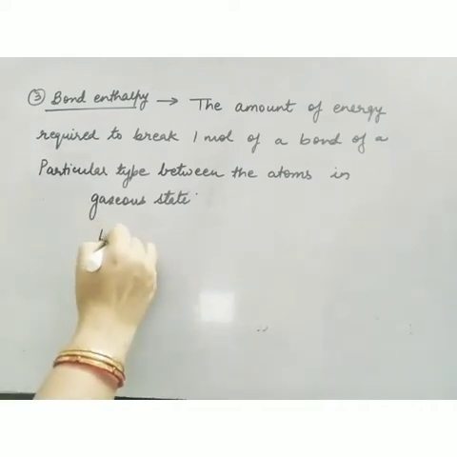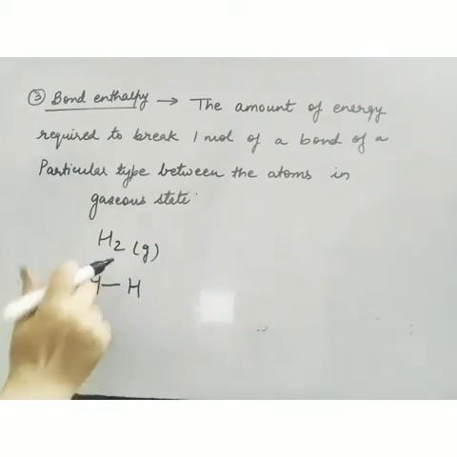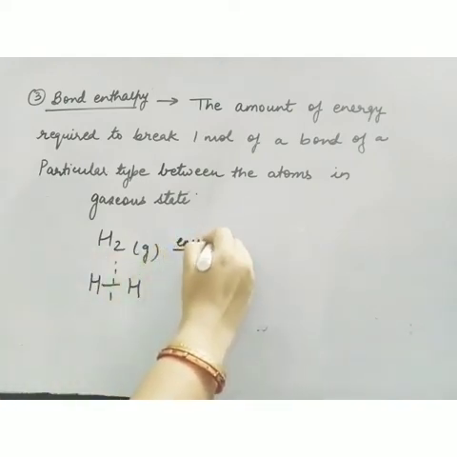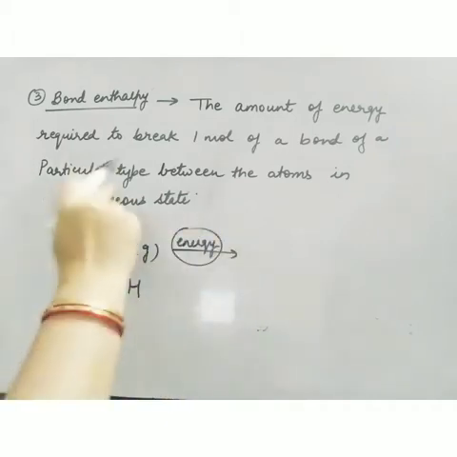So what is the meaning of this? Suppose I am having this molecule, hydrogen molecule. Hydrogen molecule means this bond is there, and if I want to break this bond means I want to make these two atoms apart from each other. So what I have to do? I have to supply some energy, and whatever energy we are supplying here, that is bond enthalpy.